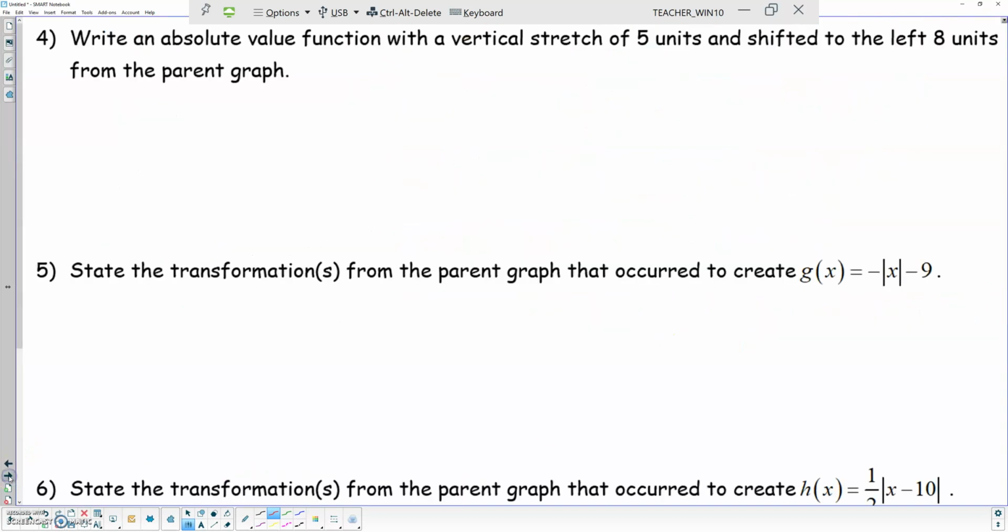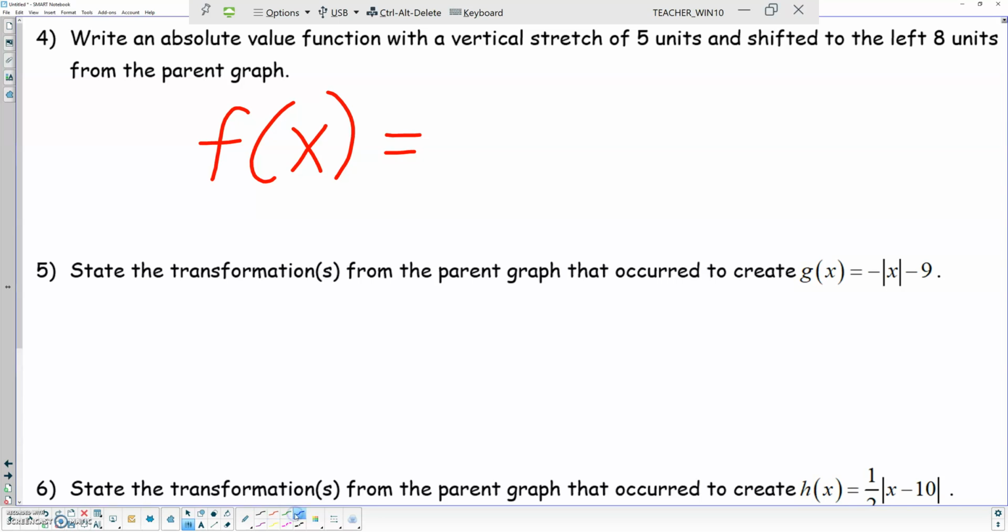Okay, so now we're going to take a look at a few examples. Okay, so this first one says write an absolute value function with a vertical stretch of 5 units and shifted to the left 8 units from the parent graph. Okay, so since they're asking for a function, we're going to use function notation. So we're going to start with f of x.